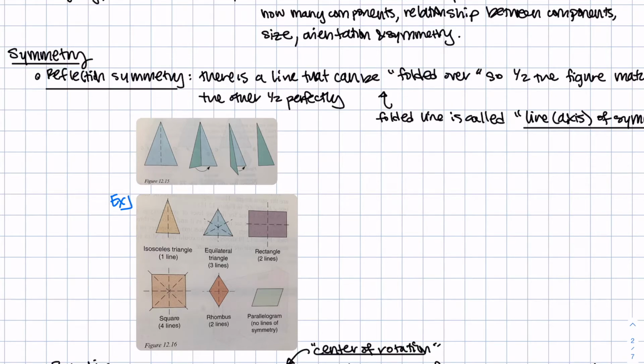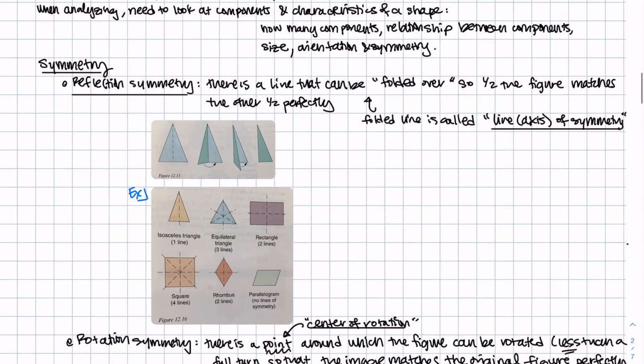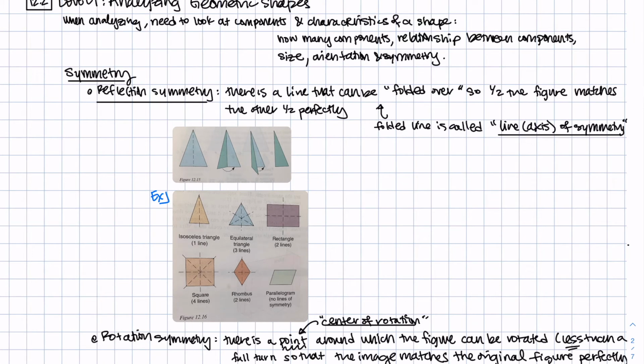And here, in this case, there is a line that can be folded over, so half the figure matches with the other half perfectly. So that's what's being demonstrated with this picture of this isosceles triangle. We drew this line down the center where we folded the figure in half, and we see that each half matches up perfectly. And so this is a reflection symmetry.